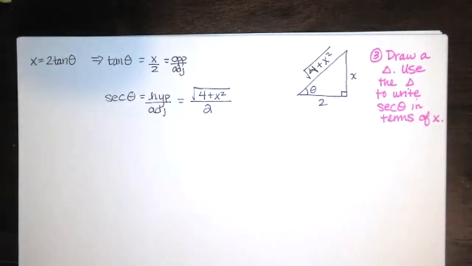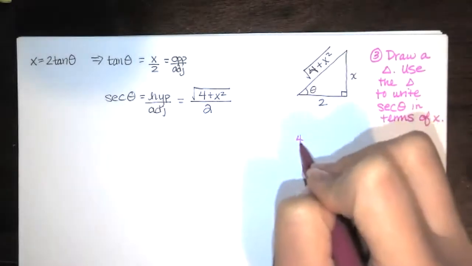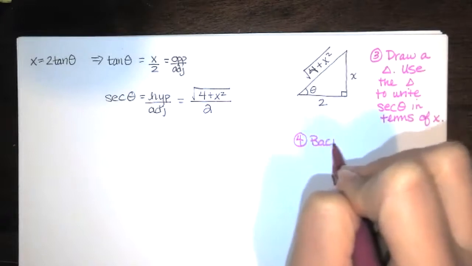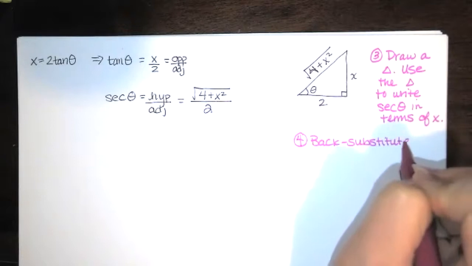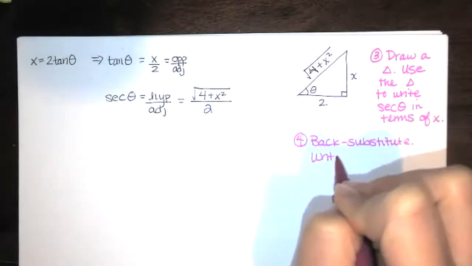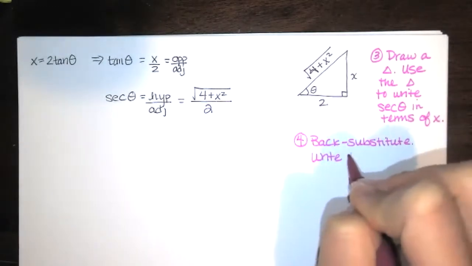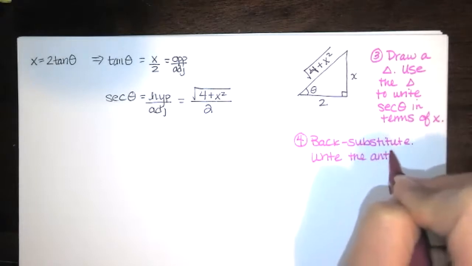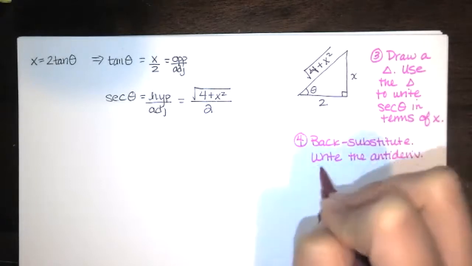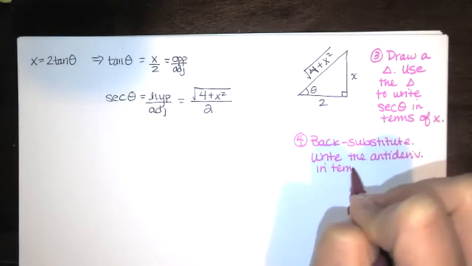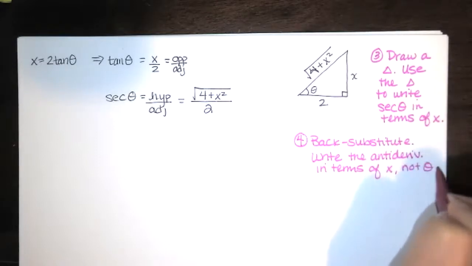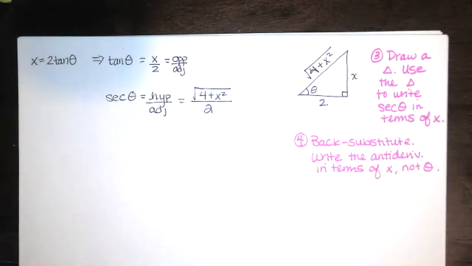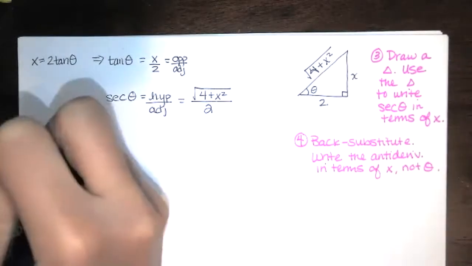And then the last thing we do is we back substitute. So you write your antiderivative in terms of x rather than theta. So you already have it in terms of theta. So we had this integral at the beginning.